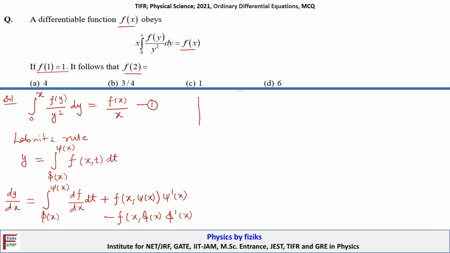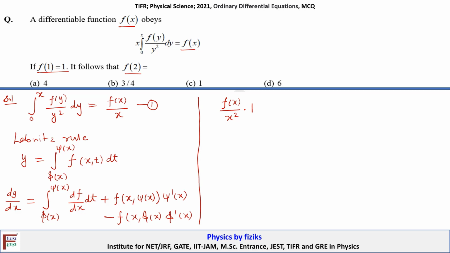Now using this Leibniz rule in our problem defined by equation number 1, we can write the first term as f(x) divided by x square times 1, obtained by substituting y equal to x.